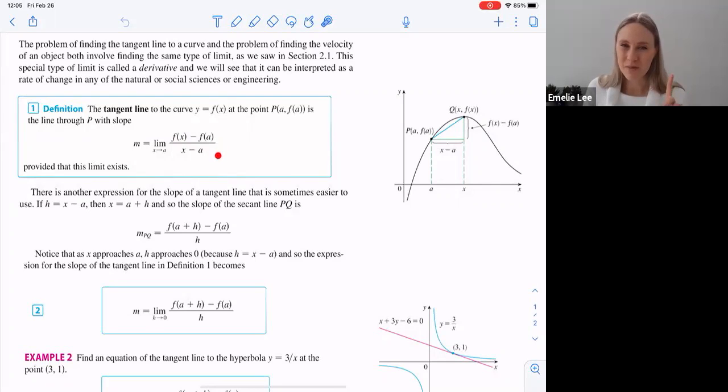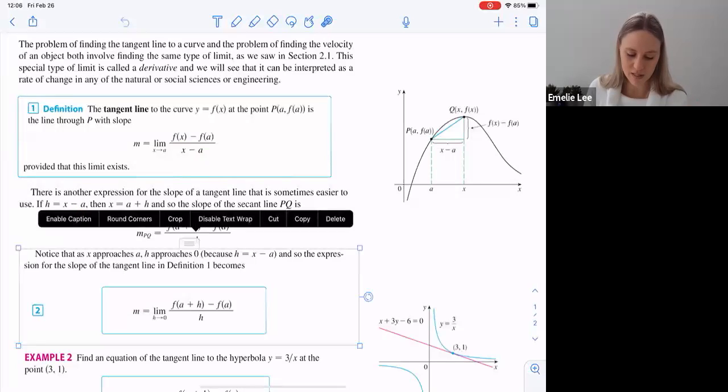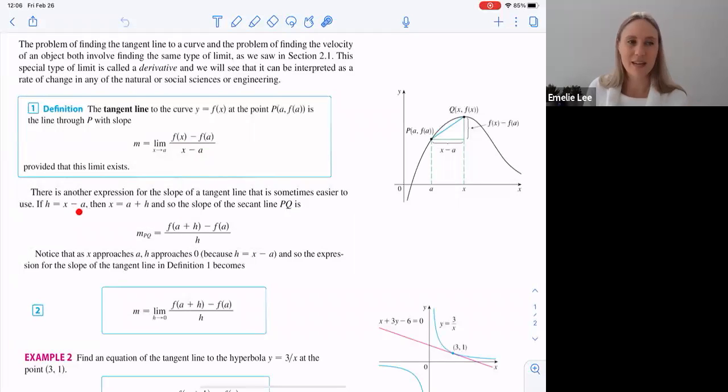Then, speaking of substitutions, what if we let h be x minus a? So h is going to take the role of x minus a, basically the run. If you rework this, if h is x minus a, then rearranging, x would be a plus h.